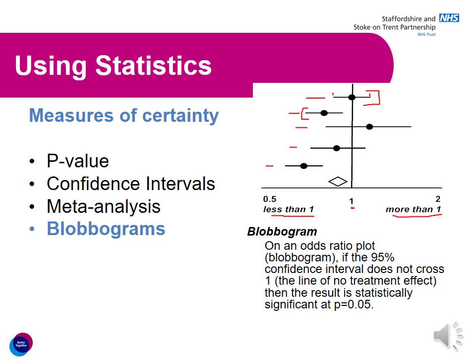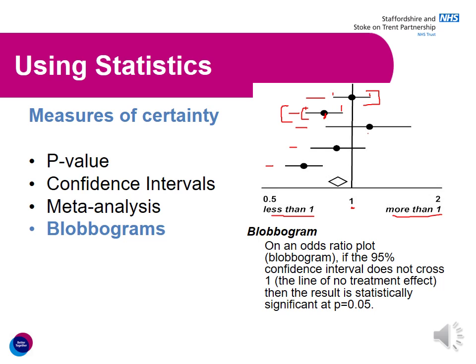It showed a result of less than 1, the black dot in the middle, and the confidence interval, or the range of the possible findings from that study, could be anywhere along this black line. And as far as they go, the nearest to 1 still has not overlapped with this line here of 1, no effect. So this is a significant finding, and it shows less than 1.